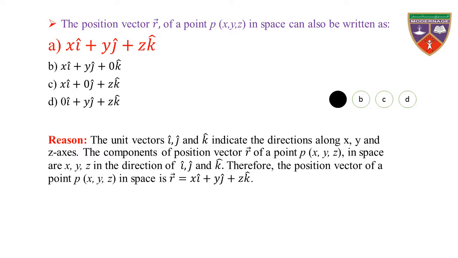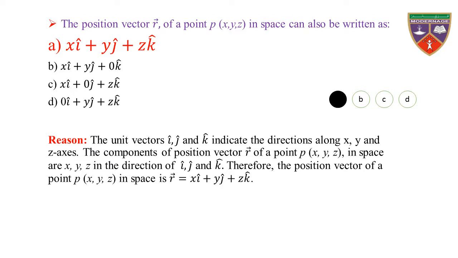Reason: the unit vectors i, j and k indicate the directions along the x-axis, y-axis and z-axis. The components of the position vector r of a point P, x, y, z in space are x, y, z in the direction of i, j and k.